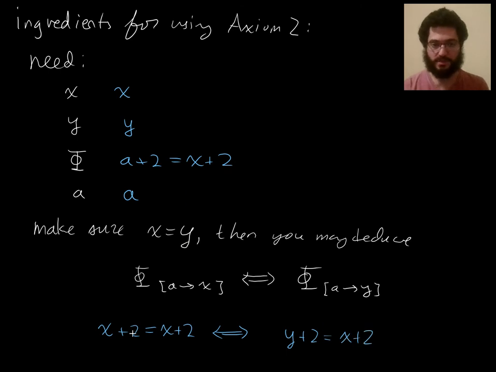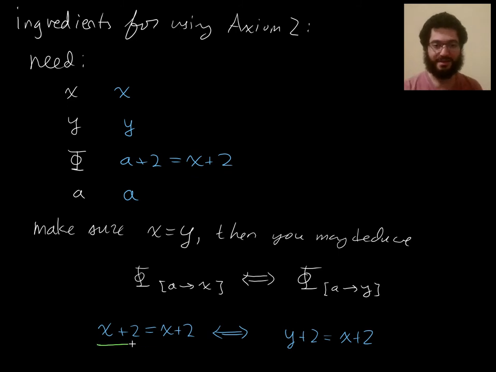So you see what I did to get these? I took the phi here, and on the left side, I'm replacing the a by x, so this is what I get. And then on the right side, I'm replacing the a by y, and this is what I get. So this is what I can get out of axiom 2.